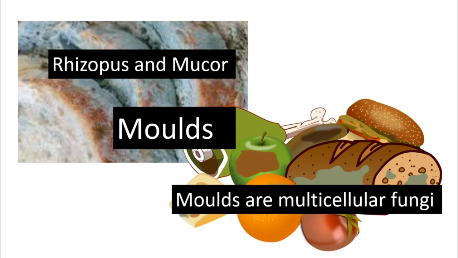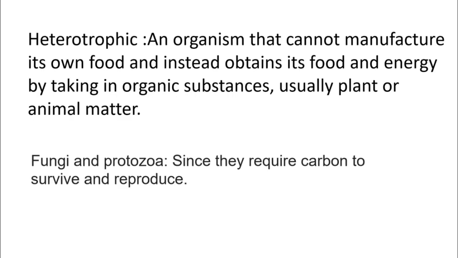and then the meaning of 3 terms. Heterotrophic: these are organisms which cannot manufacture their own food, but depend on other organic substances, usually plant or animal matter. Then there is one more term which we have understood, saprophytes.